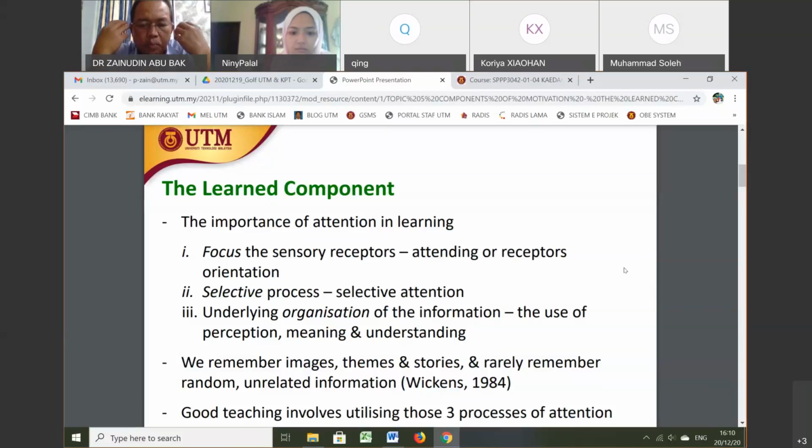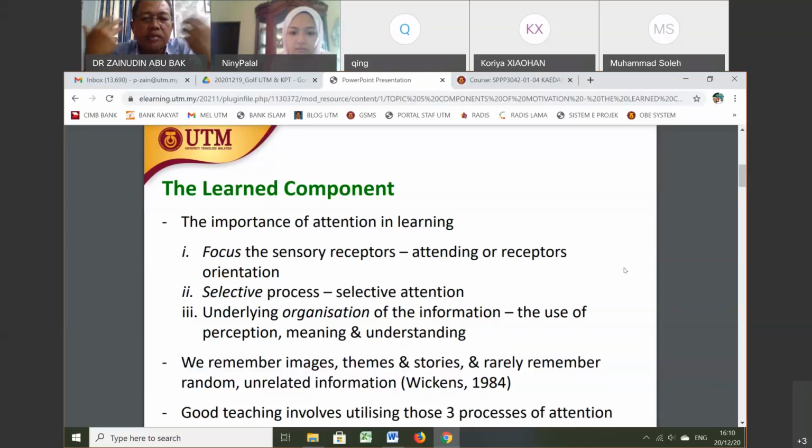So we put in some effort, pay attention, and use the specific sensory receptor. Like I said, if we are focusing on images, of course we will be using the sense of vision. And if we use hearing, we use our ears to listen.